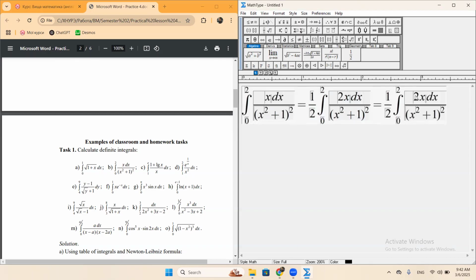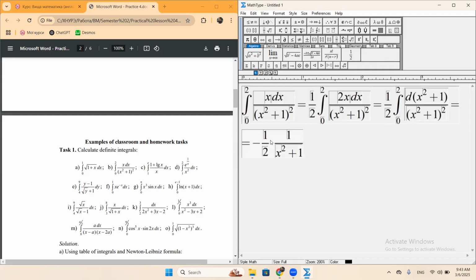2x dx is the differential of x squared plus 1. And then we receive minus 1 over 2 multiplied by 1 over x squared plus 1.